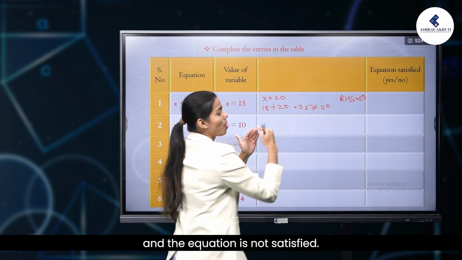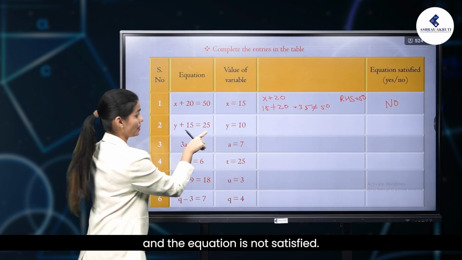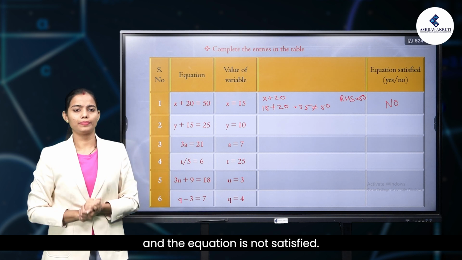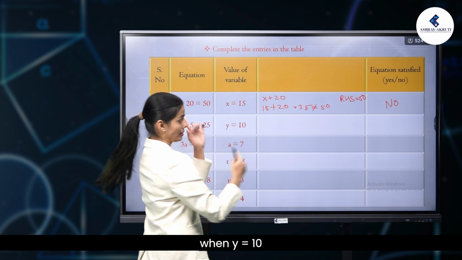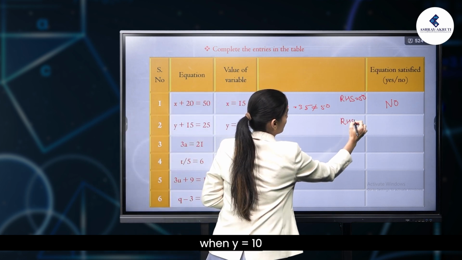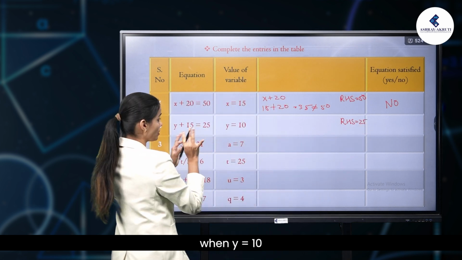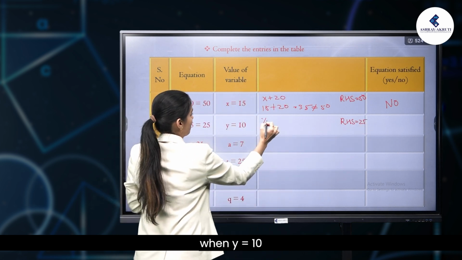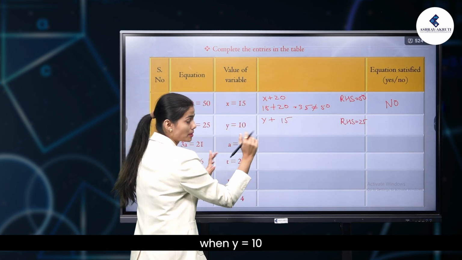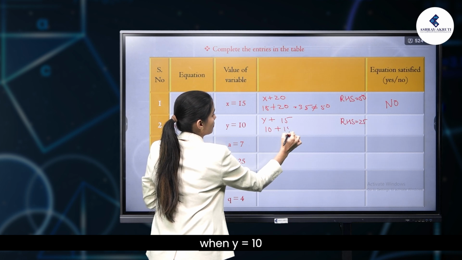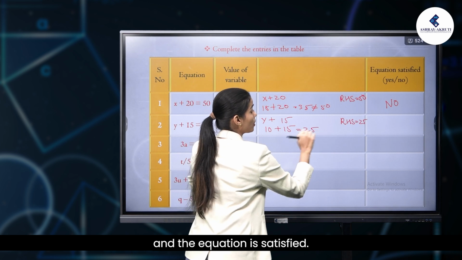And the equation is not satisfied. Equation y plus 15 is equal to 25, when y is equal to 10, the value is 25 and the equation is satisfied.